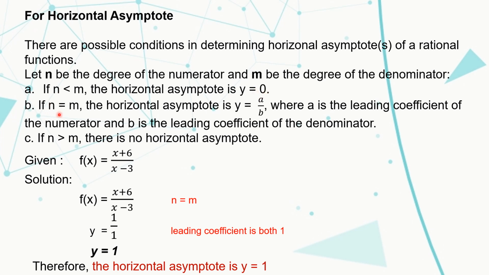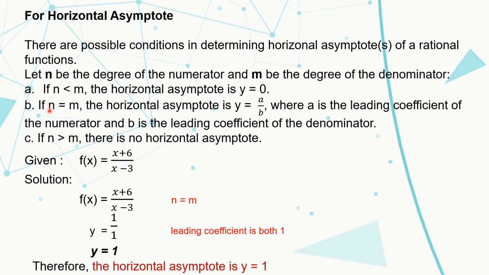Letter B condition. If n is equal to m, the horizontal asymptote is a over b, where a now is the leading coefficient of our numerator and b is the leading coefficient of the denominator.